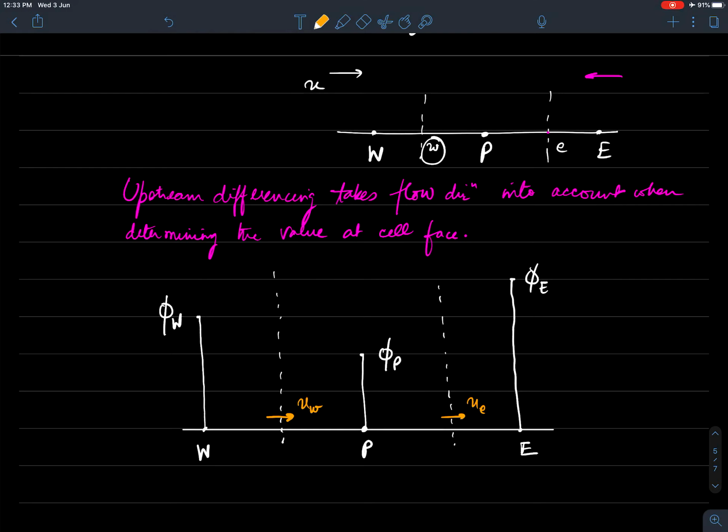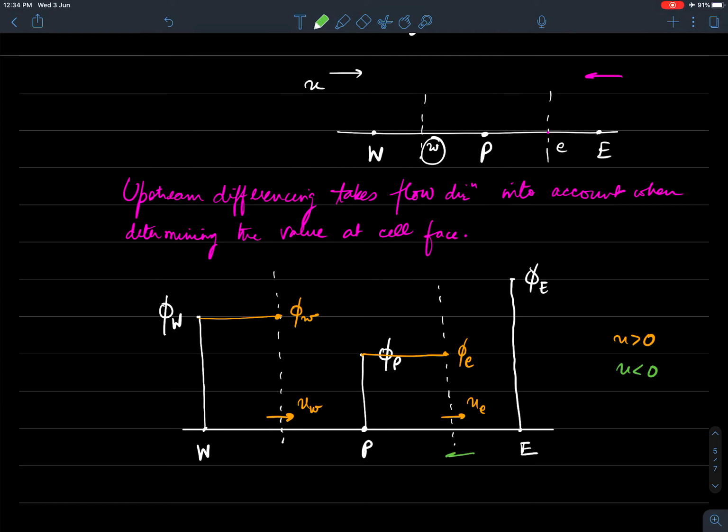In that case, what we are saying is that the value at the upstream face, small face W, would be the value phi W. And similarly, the value at the face E will be the value at the grid point P. So this is if U is greater than 0.